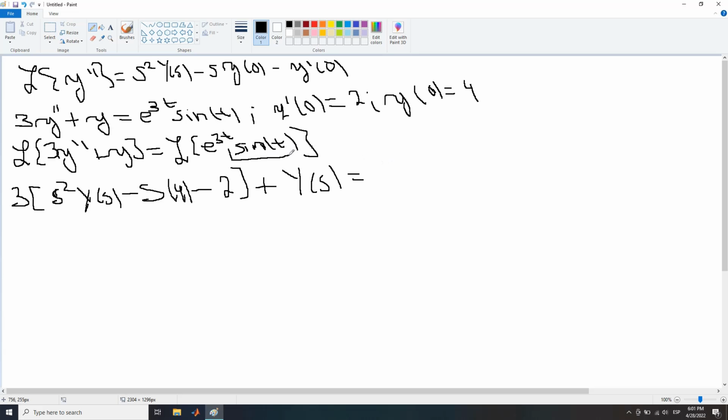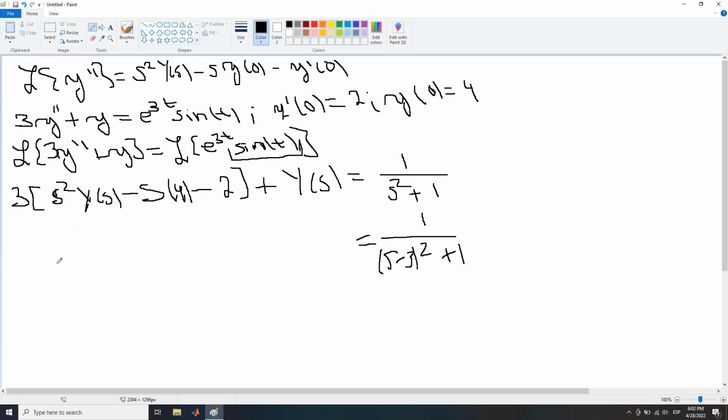So first we calculate the Laplace transform of the function, which is, here we have a as 1, so 1 over s squared plus 1 squared, which is just 1. And now we have to evaluate this on f of s minus a, which is f of s minus 3. So this will be equal to 1 over, here we see an s, so s minus 3 squared plus 1.